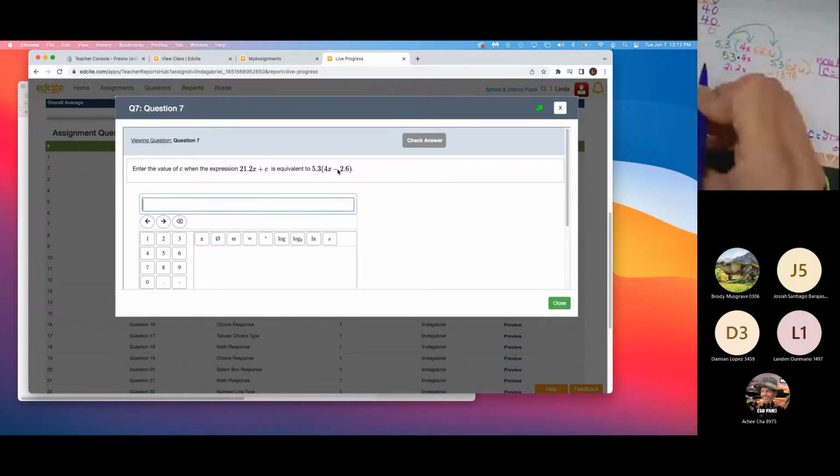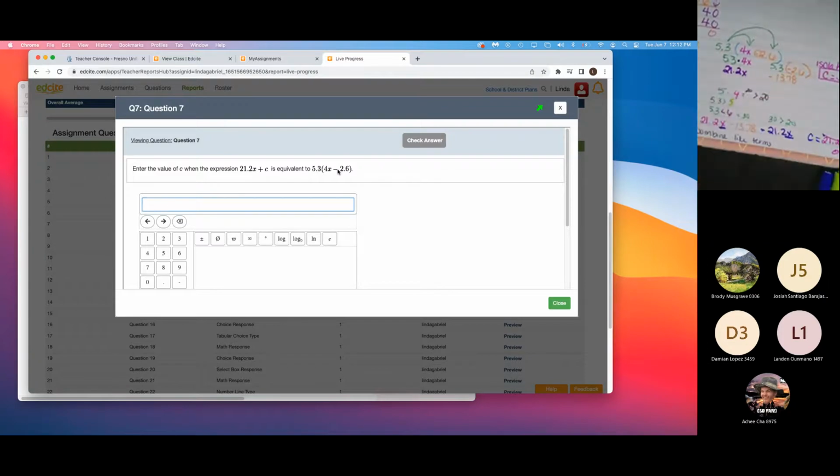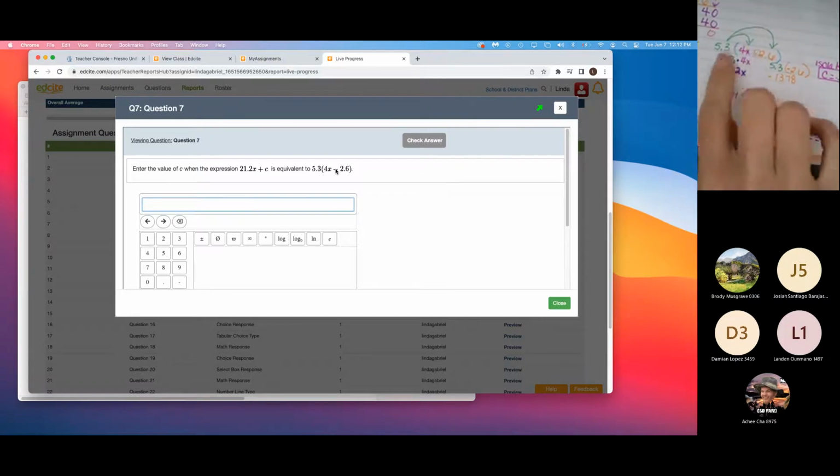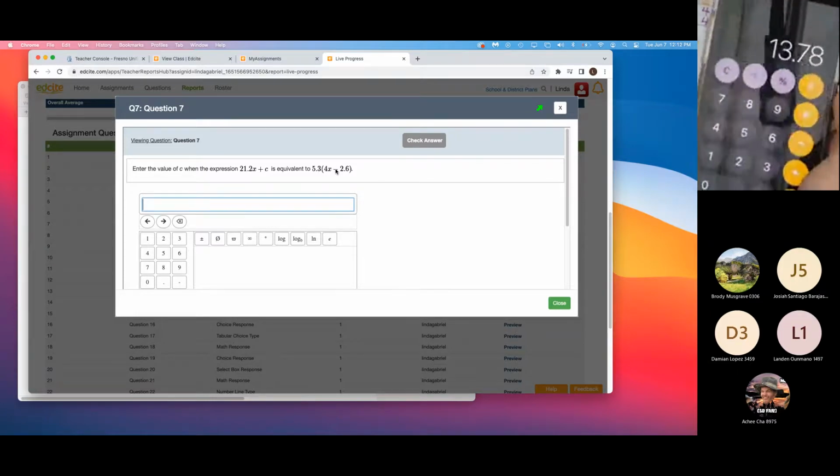And I did that. That's why I got positive 21.2x, 5.3 times 4. Then I did 5.3 times 2.6. And that gave me 13.78, but it's negative, right?